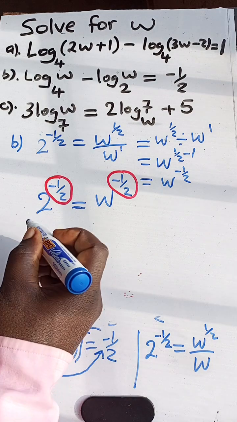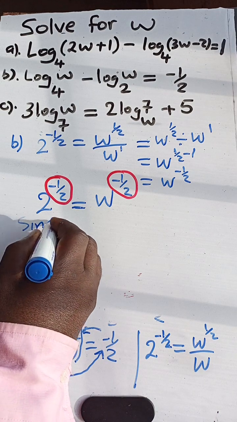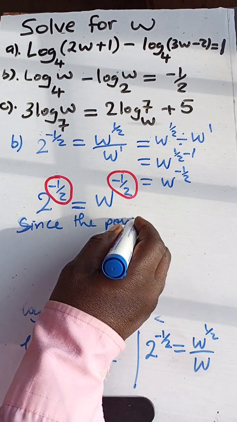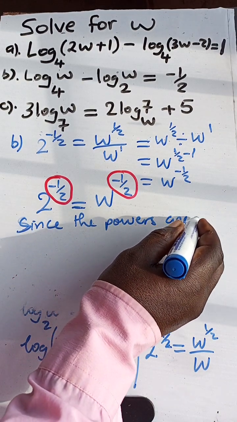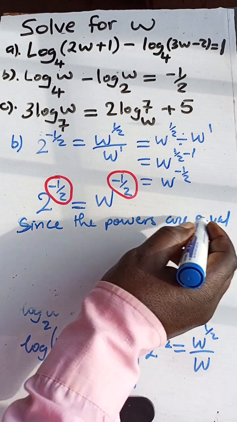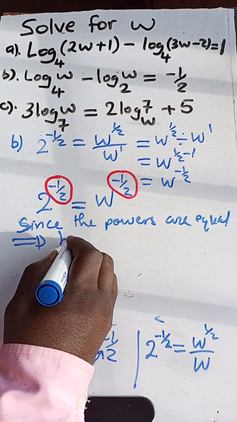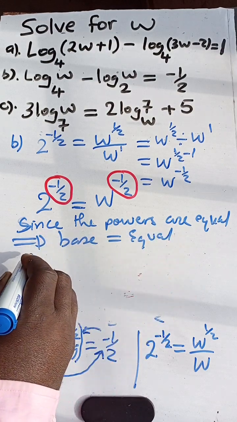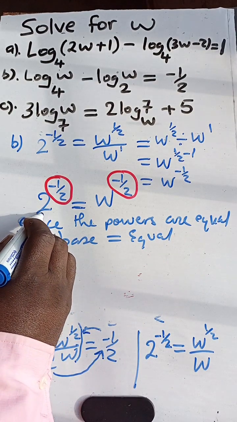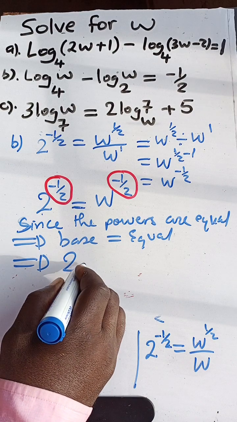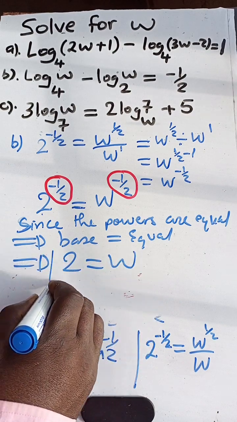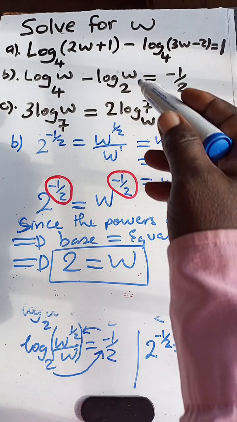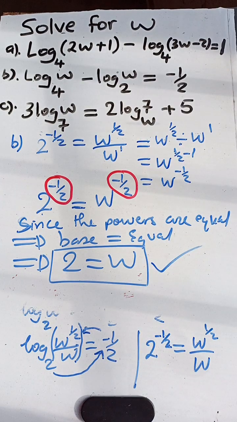Okay? So since the powers are equal, it means that the bases must be equal. So that implies, therefore, that 2 must be equal to w.